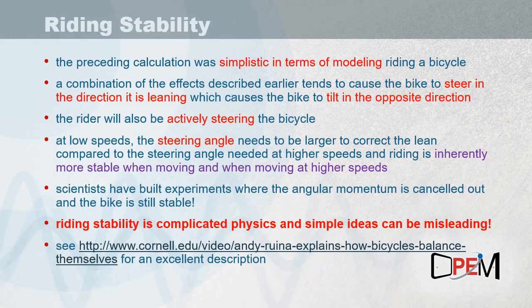But the very act of the front wheel steering in the direction that it's leaning causes the bike to then want to tilt in the opposite direction.